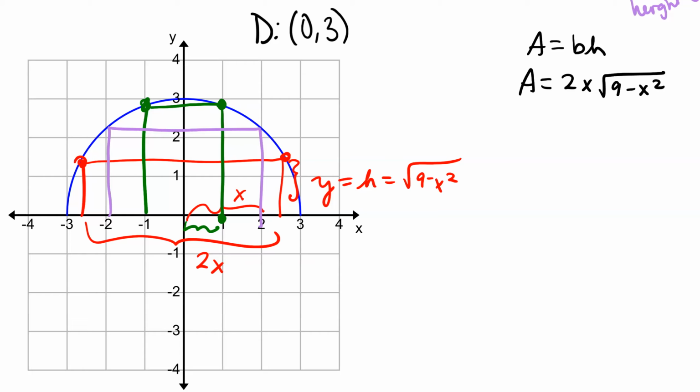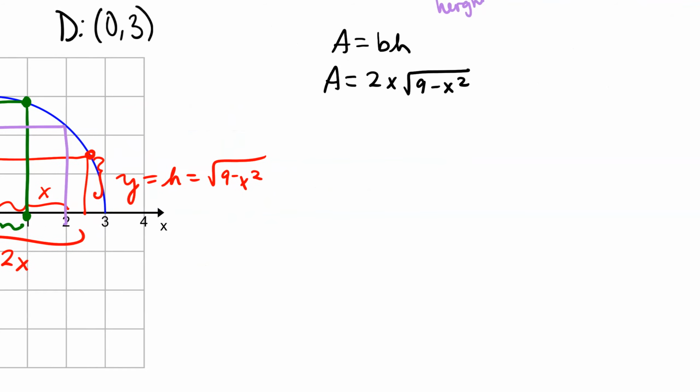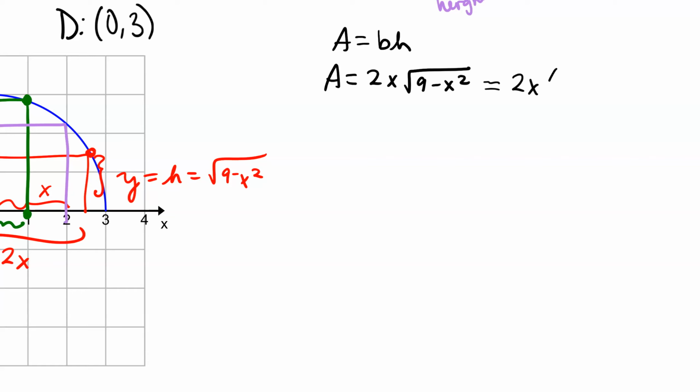Okay, so all I'm going to do is rewrite my area in terms of something that will help us take the derivative a little easier. So 2x times (9 minus x squared) to the 1/2 power. Now we get to use what Tal wanted to before. We're going to use the product rule to find our derivative. Before I write that, let's have this be u, and this is v.